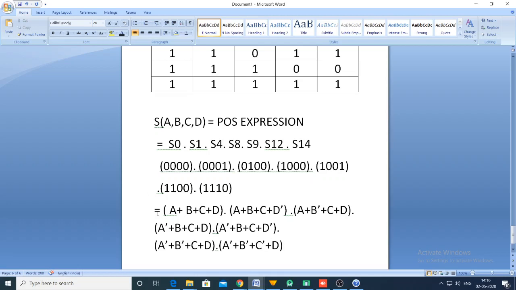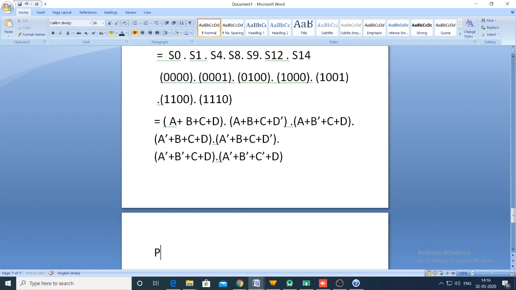So for all these combinations we have prepared the necessary sum terms. So this is the product of sums expression.